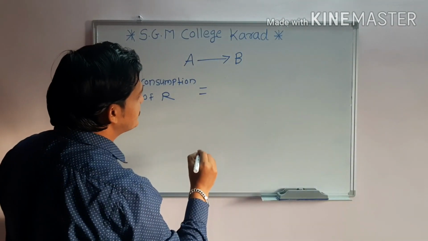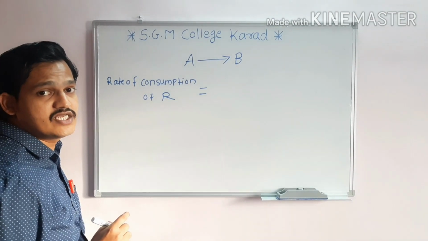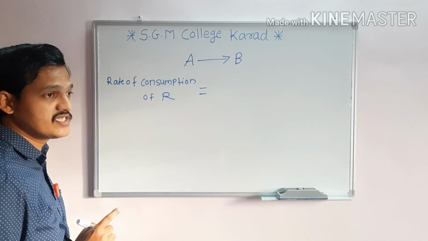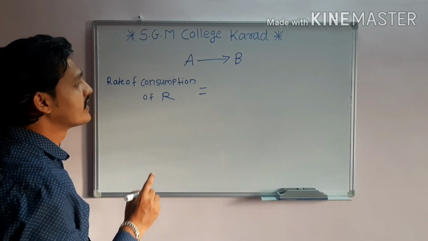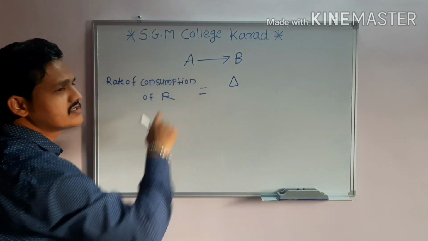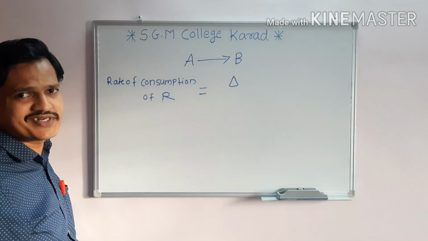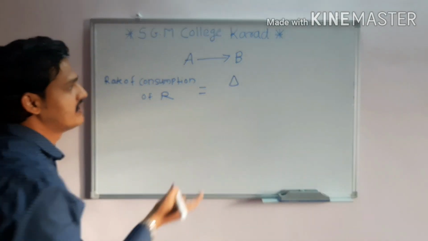Okay, rate of consumption of reactant is given by change in concentration of species with respect to time. Now my species is reactant A. So change is given by initial concentration A1, final concentration A2, that is A2 minus A1, final minus initial.